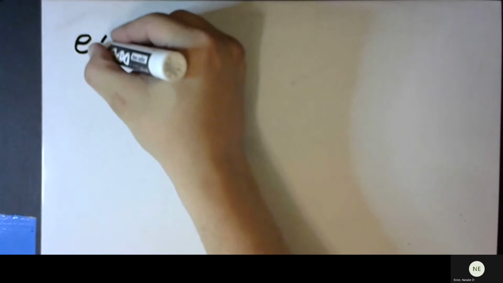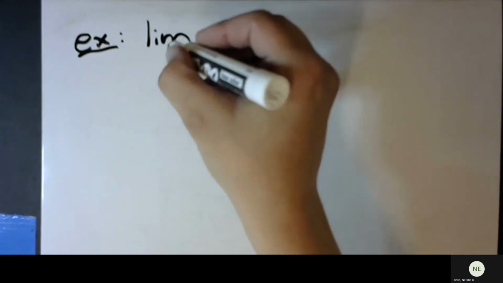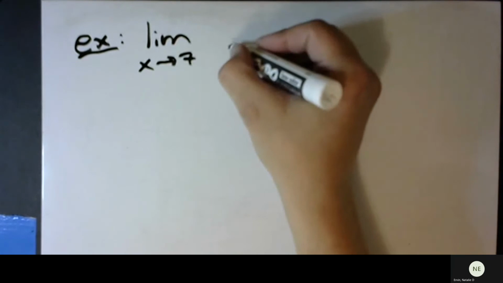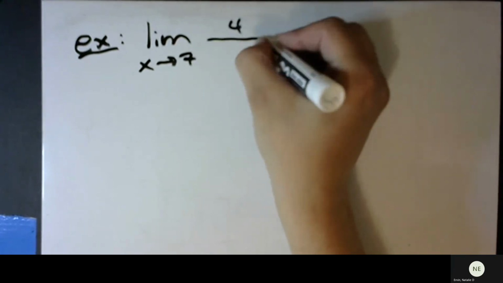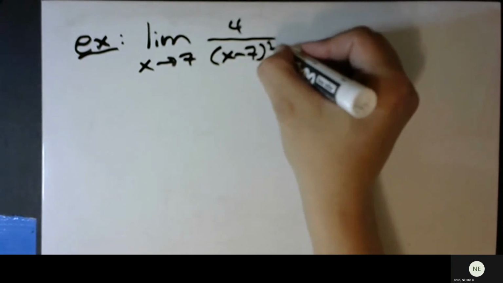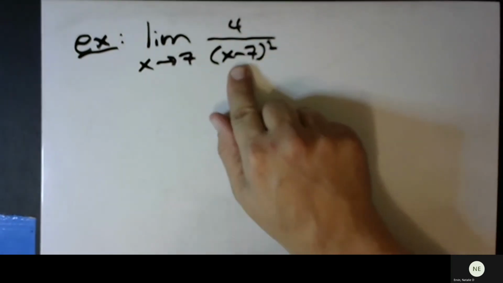Now, when we're dealing with a question like this, you can see where there's going to be a division by 0.